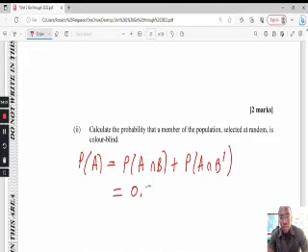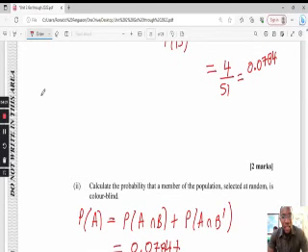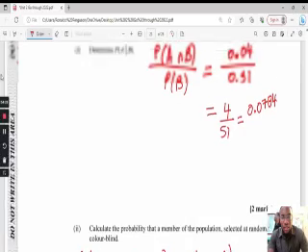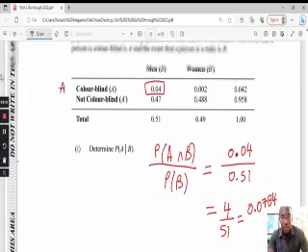So the probability of A intersect B, which we got above, was 0.0784, plus the probability of A intersect B complement, which is a female who is colorblind.